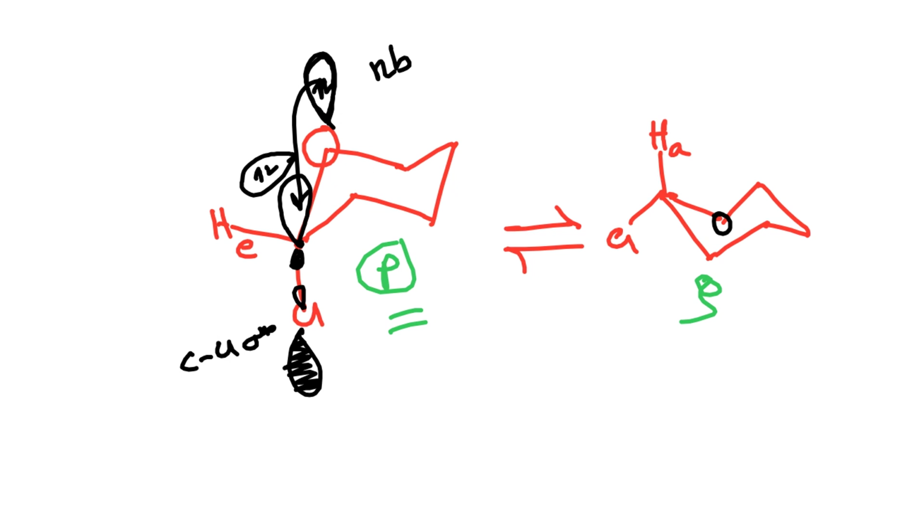So we can represent it like this: O double bond C, Cl minus, plus, right? So this is called anomeric effect, and due to this anomeric effect, this P is more stable.